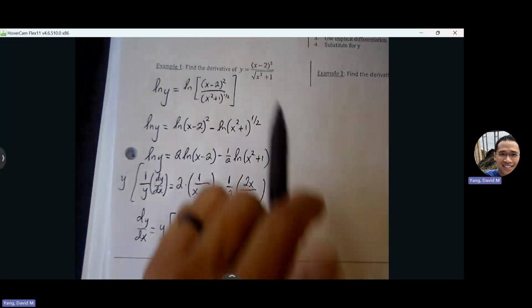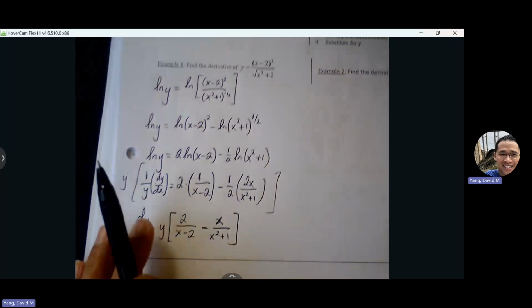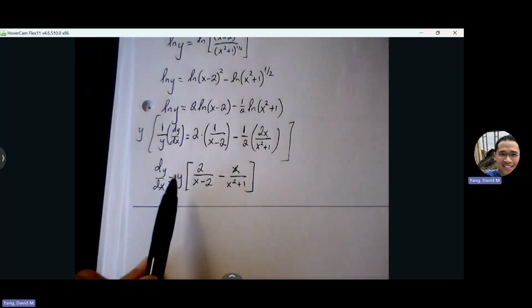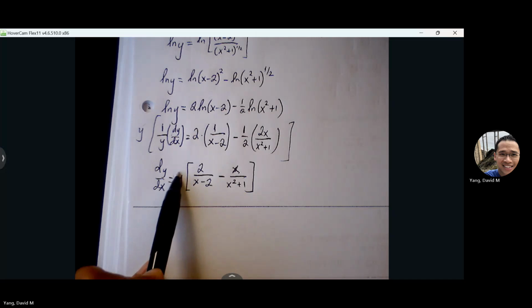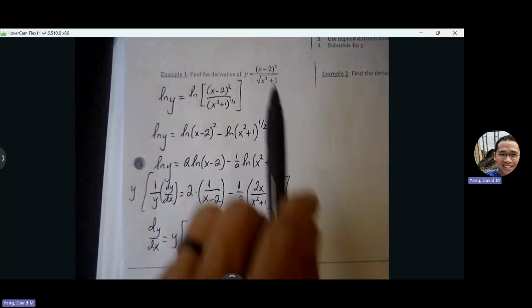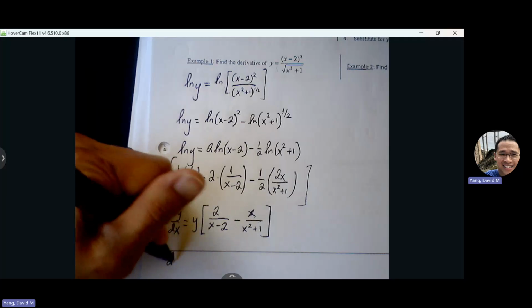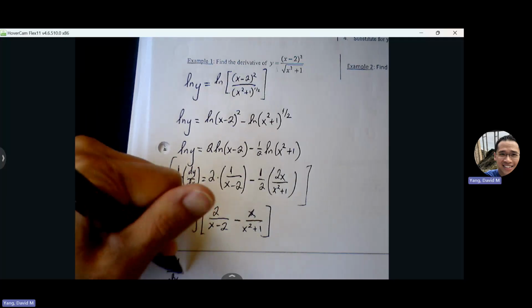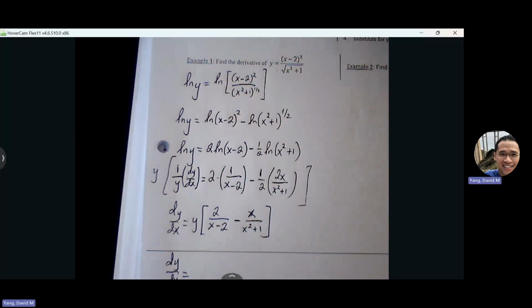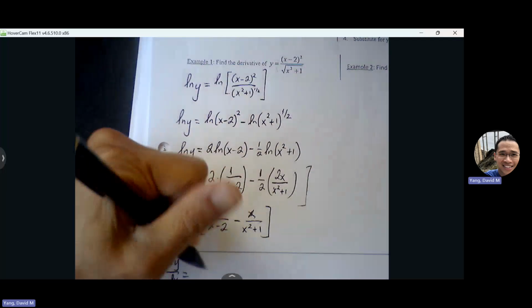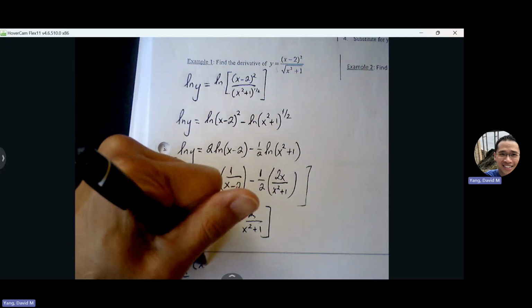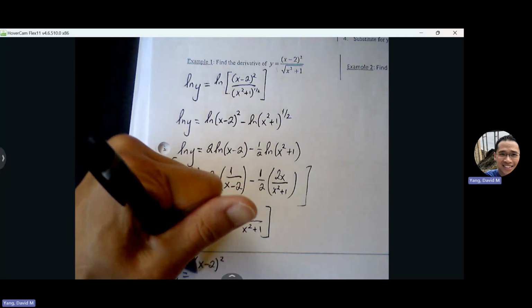Now, we started with a function, so we should be able to represent our derivative with only x's. So what can I replace this y with? The original expression. Now, when you go through log differentiation, everything is going to feel messier because we've done a sprawled out version of the derivative, but just know that you don't have to clean anything up.